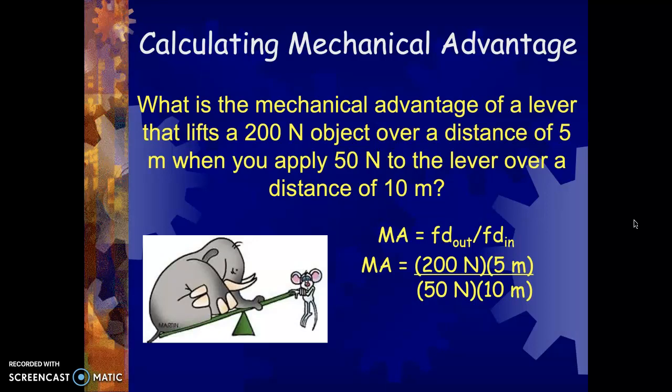Okay, so if you do the math here, 200 times 5 is 1,000. 50 times 10 is 500. And we get a mechanical advantage of 2. So it made our work twice as easy.